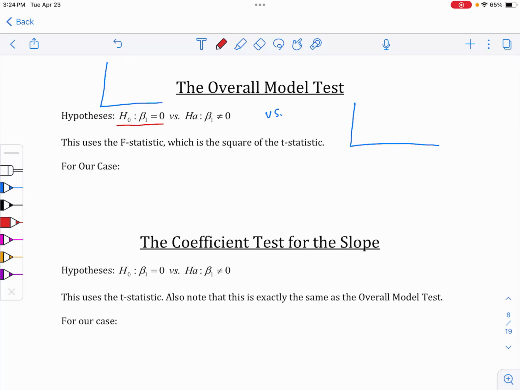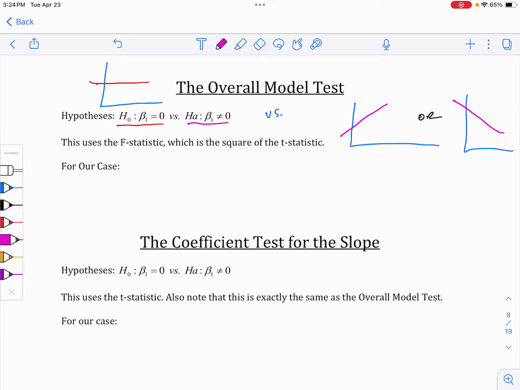A horizontal line. You're exactly correct. So that's saying the line is horizontal, and if the slope of the line is not 0, then your line is slanted.